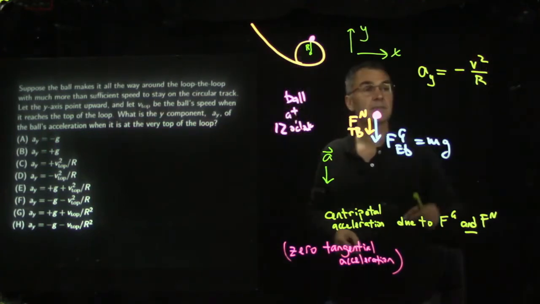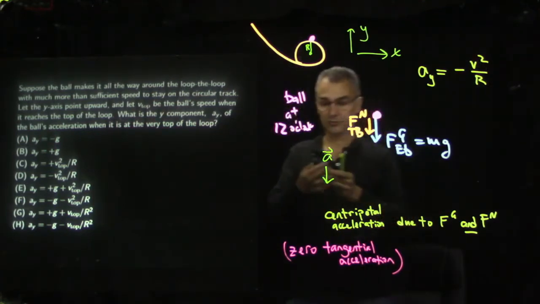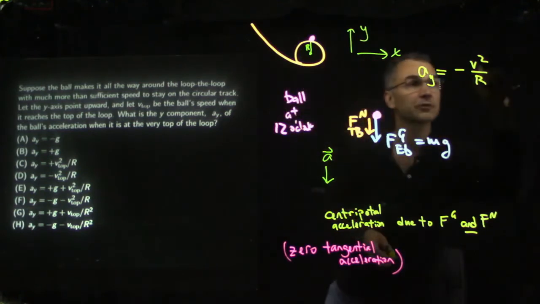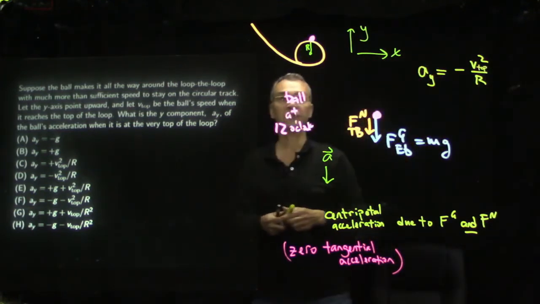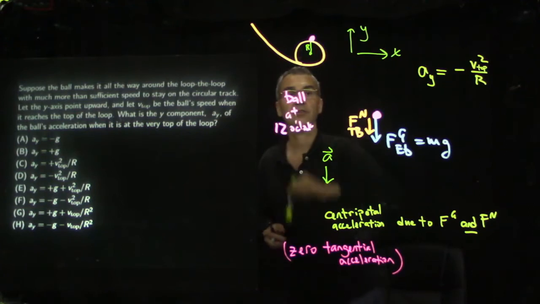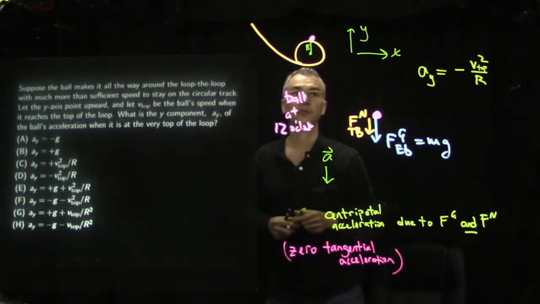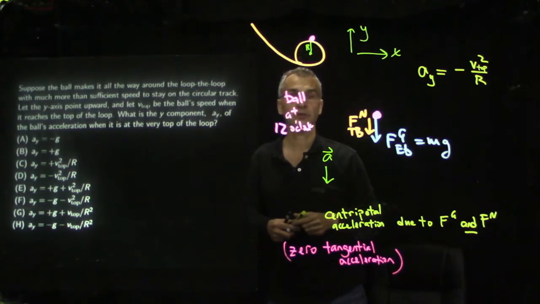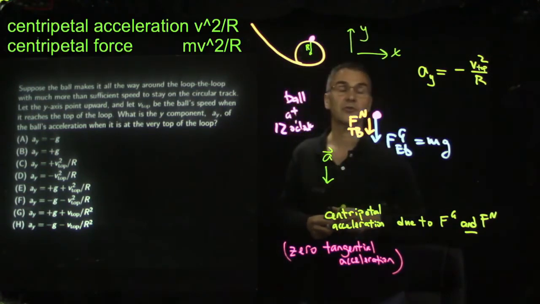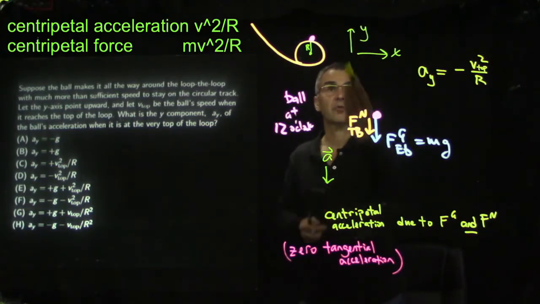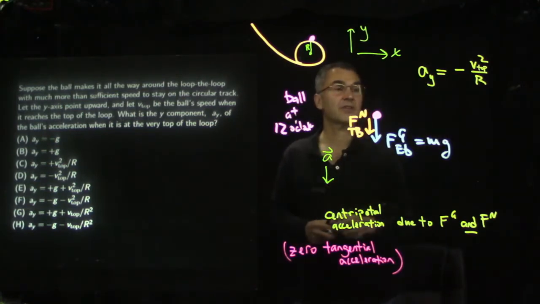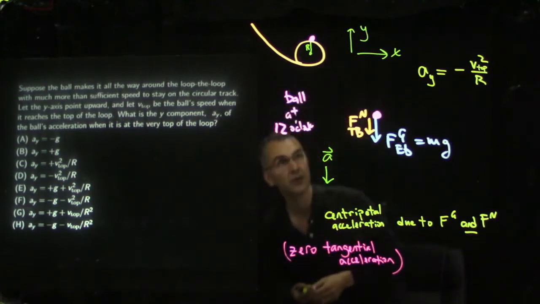I think it's minus v top squared over r when it's at the very top of the loop, because in order to keep moving in this circle of radius r, there must be a force toward the center of the circle, which is centripetal, whose magnitude is v squared over r. And because we defined the y-axis to point up, then this must point down, so a sub y is minus v top squared over r.